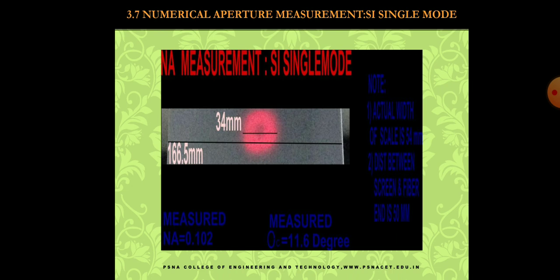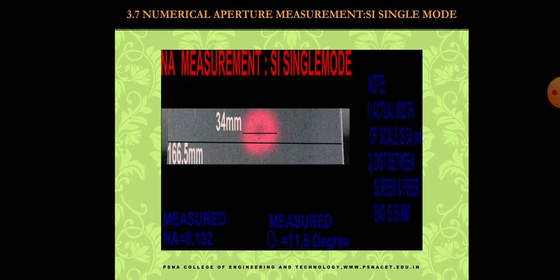So this is our spot. We are taking the example of any one light pattern. The first, LP01, gives a clear view of the light pattern because it covers the full circle. So we measure the particular diameter for the calculation of numerical aperture. 34 mm is the diameter of the light intensity. 166.5 mm is marked here by the horizontal line. It does not indicate the width, it indicates the length of the screen fixed at the detector unit.